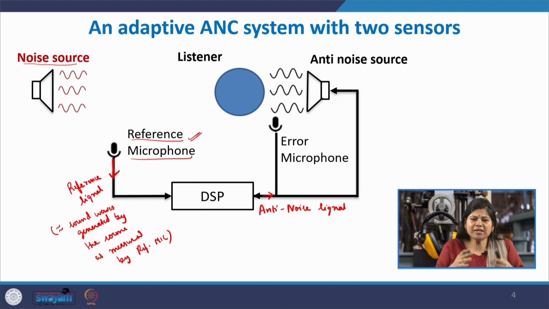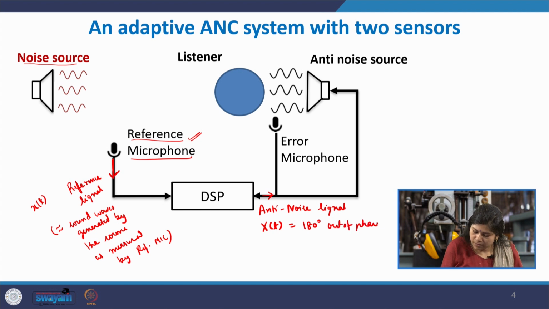So, for a very simplistic setup, suppose we had some reference signal x(t). It will create something which is antiphase of x(t), or simply negative of it. Given that x(t) can be represented as a sine wave, it will give you an antiphase signal, let us say capital X(t), which is 180 degrees out of phase of the reference signal x(t).